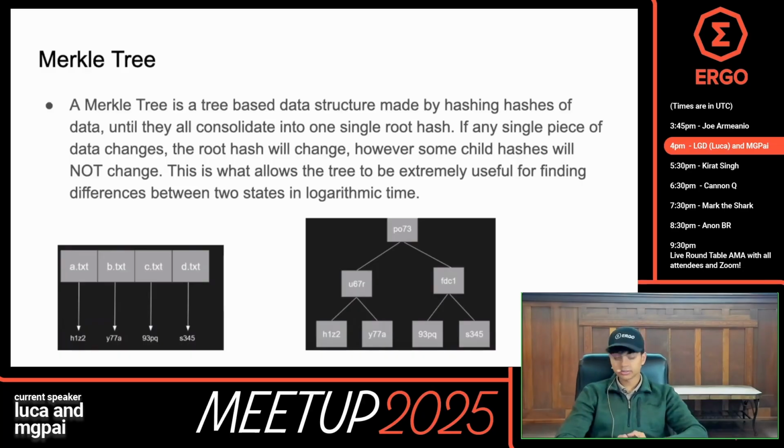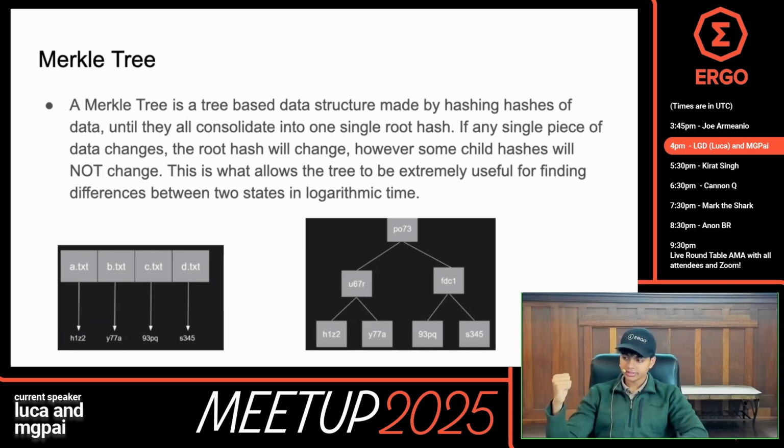So a Merkle tree is a variant of this data structure, and it's made by hashing hashes of data. I know that's confusing, so let's break that down. Behind me, you can see that you have a block of data, like a block of files: A.txt, B.txt, C.txt, D.txt, and you hash this block of data.